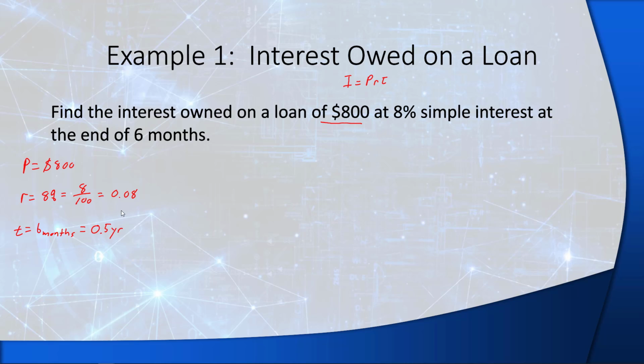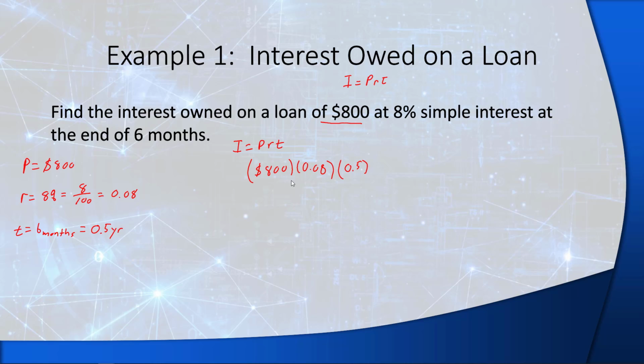And so with all this, we can actually figure out our simple interest equation. Once again, we start off with I is equal to PRT. However, P is equal to $800, R is equal to 0.08, and T is equal to 0.5, 1/2 of a year.